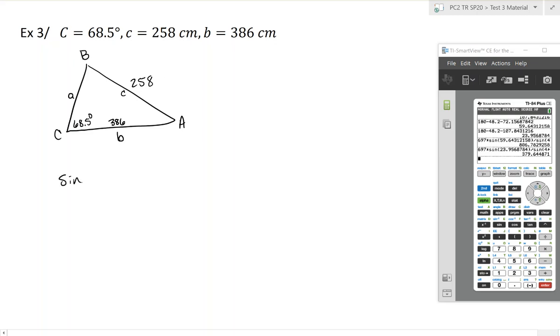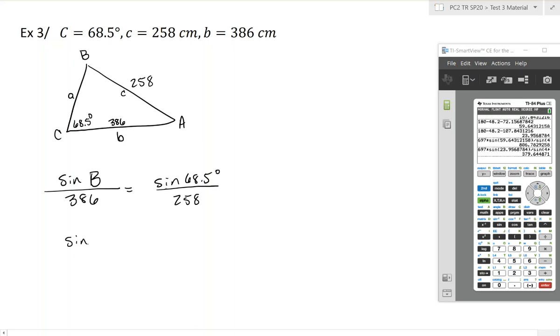So sine of B over 386 is equal to sine of 68.5 degrees over 258.